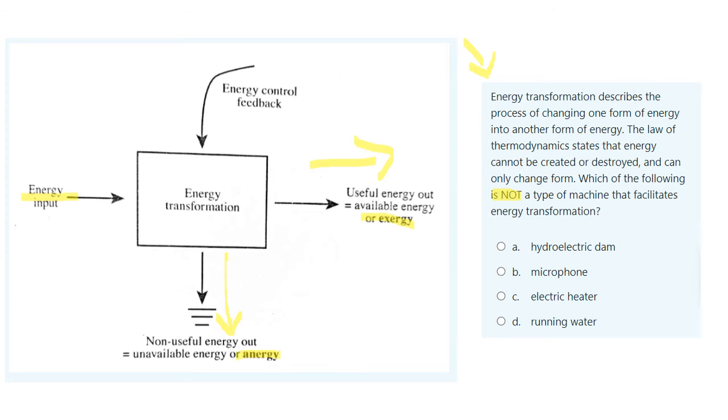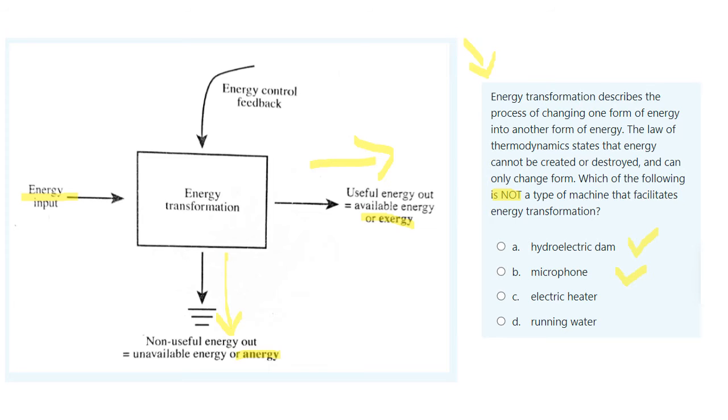So, hydroelectric dam, this changes the kinetic energy of water into electric energy. So this is a type of electrical energy change. A microphone. You speak into a microphone to make sound louder. So you change electrical energy into sound energy. This has a change in energy.